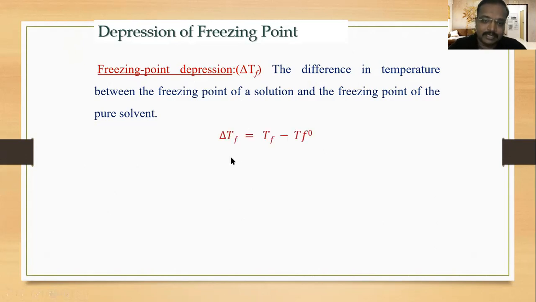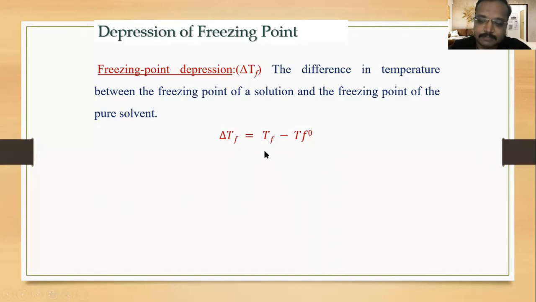Okay. So how can we calculate delta TF? It is the difference between TF, the freezing point of the solution, and TF naught, where naught means the pure substance. Here we are taking the solvent, which is the pure substance. When a solute is added, it becomes a solution. So the freezing point of the solution is compared with TF naught, the freezing point of the solvent.